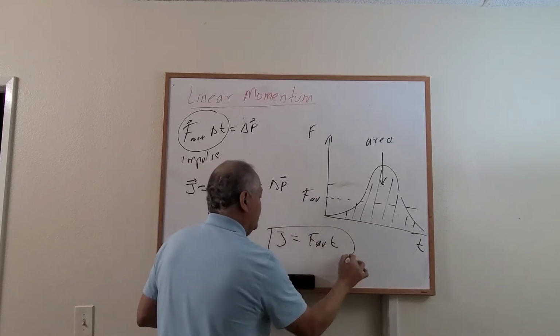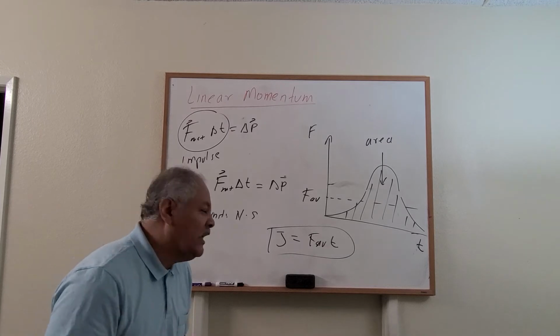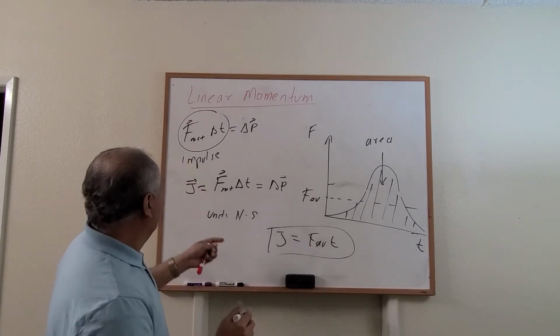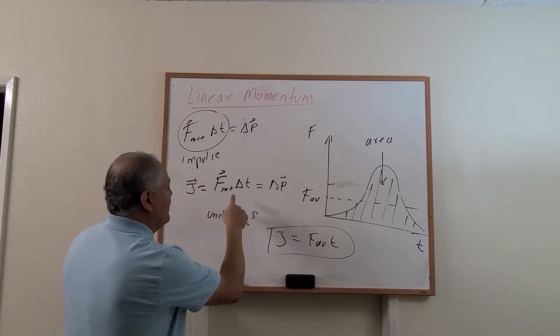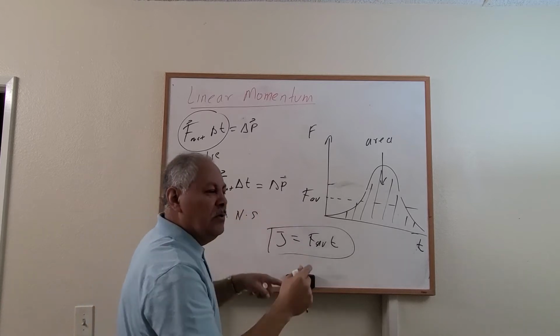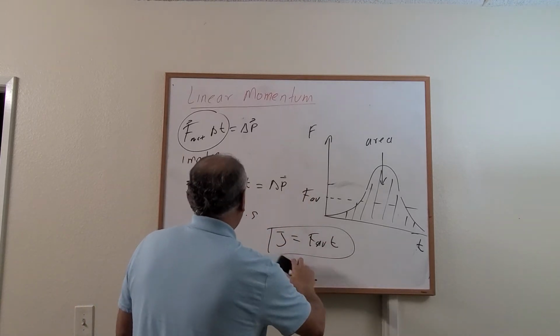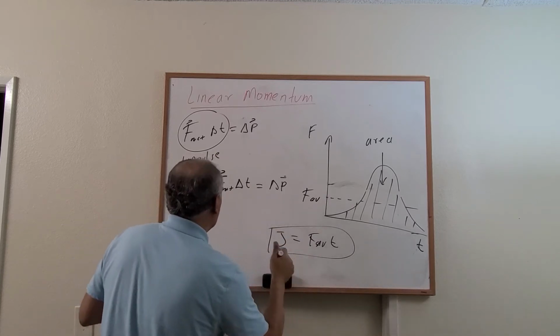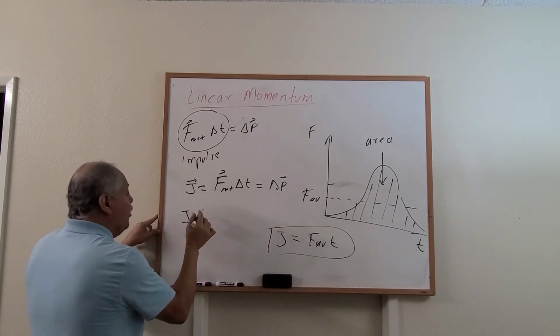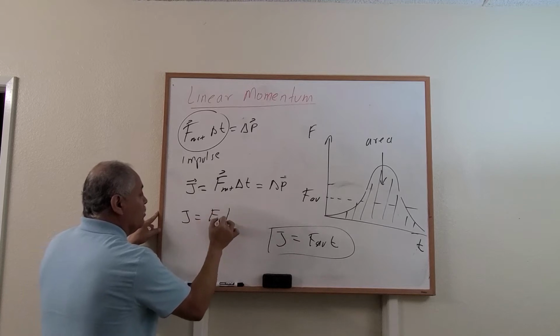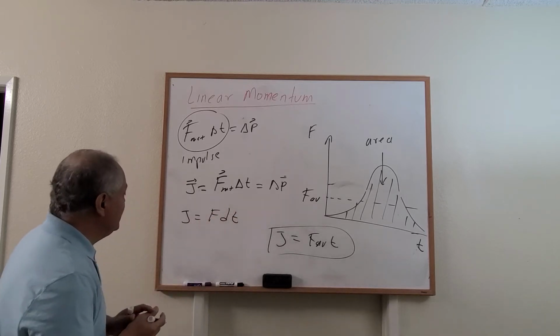Also, we can use calculus. Coming from this quantity right here, instead of using changes, we can use derivatives. The idea is the same. So we can say also that impulse is equal to force times delta t.